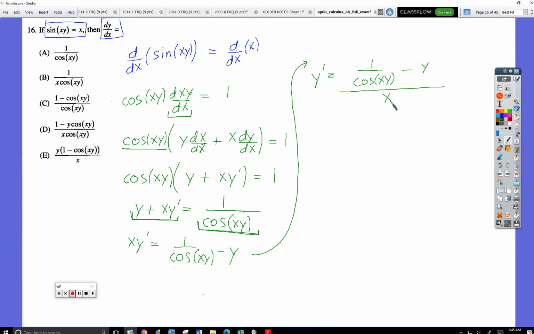Just multiple choice, I got to make it look like one of their answers. So the first thing I notice is, hey, we just got to clean up the fraction. This is a lot cleaner. So I'm going to do the following.